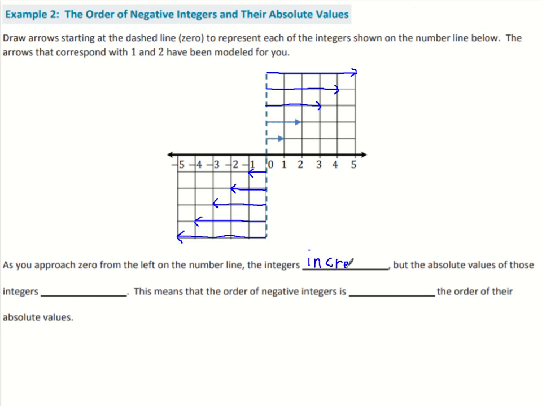But at the same time, our absolute values of those integers, that's what's shown by our arrows here. Remember, absolute value is all about distance from 0. The absolute values of those integers are going to decrease because we start with our longest arrow, and our arrow is just going to get smaller as we go along.